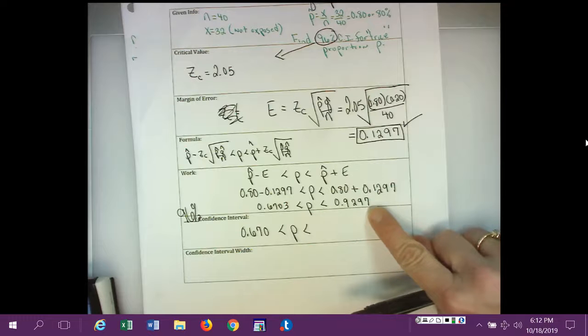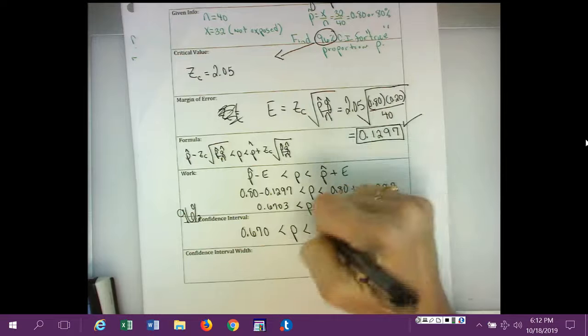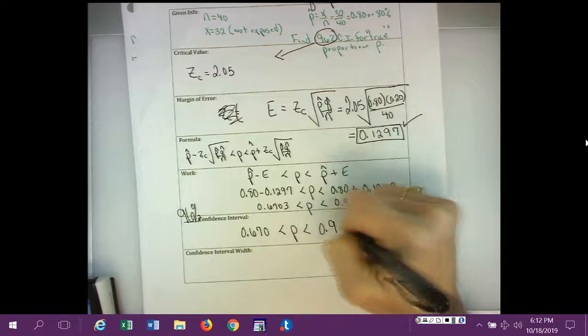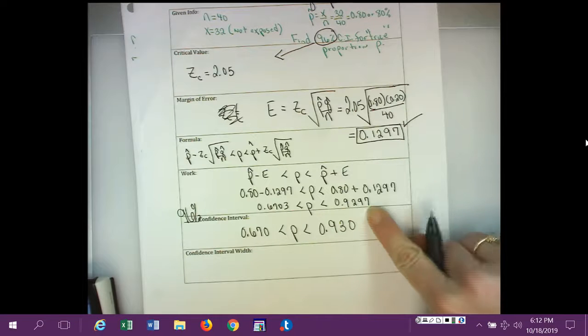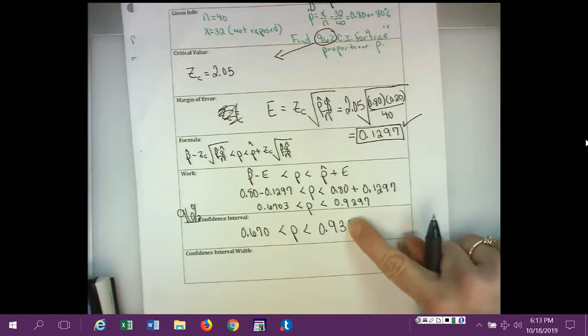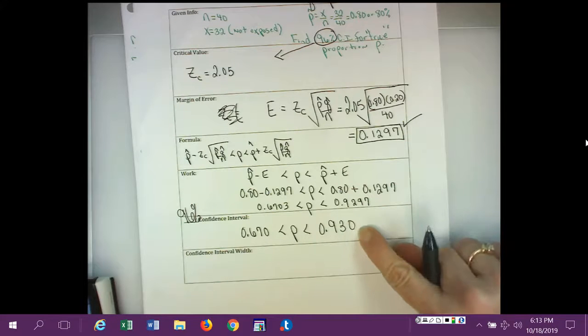This 7 rounds this 9 to a 10. So to 3 decimal places accurately, it should be 0.930 because of this 7. It rounds this to a 10, which essentially rounds the 29 to 30. I, again, expressed it to 3 decimal places.